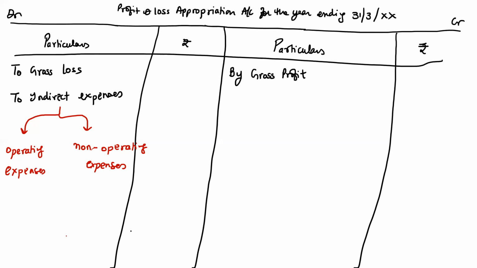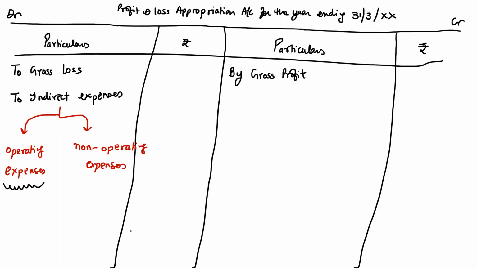Operating expenses are those which are related to the core operations of the business. Let's say there is a manufacturing company and it is manufacturing steel. Whatever expenses related to steel manufacturing, selling it in the market, they are operating expenses.